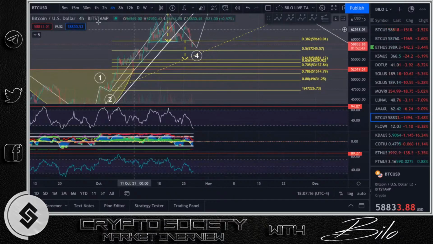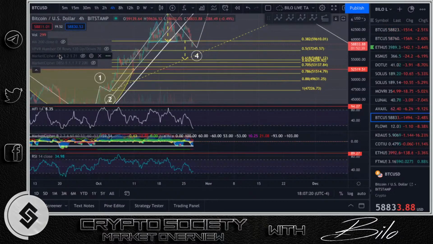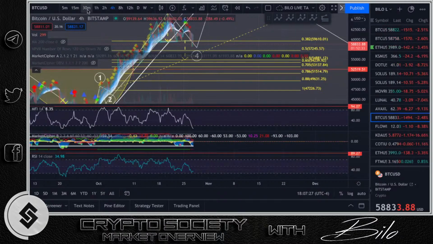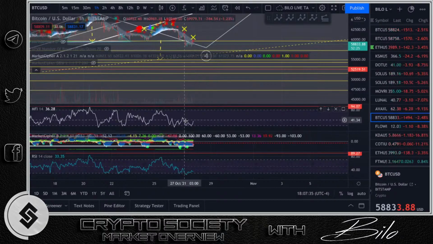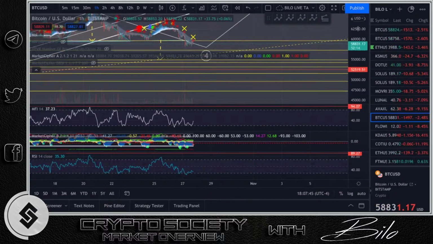Yeah. Flick Market Cipher A on, Bilo, and go to the hourly instead. That doesn't look pretty. No. And the previous one we saw quite a drop. The current candle's actually green at the moment, but that doesn't mean anything.